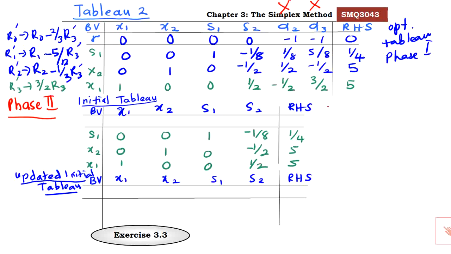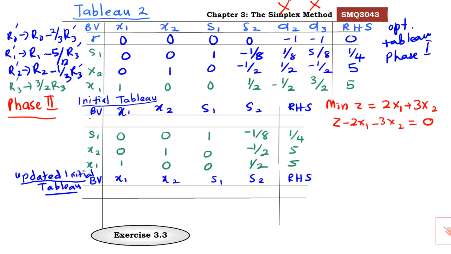Okay, so for the initial tableau in phase 2, the original objective function is minimize z equals 2x1 plus 3x2. Okay, so z minus 2x1 minus 3x2 equals 0.